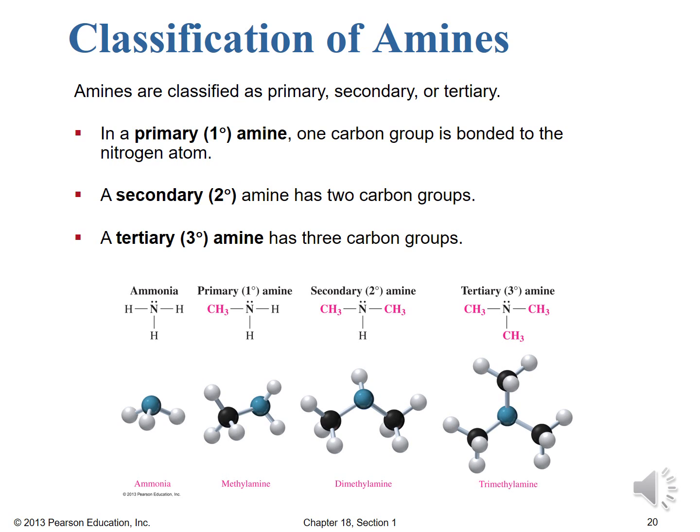Then we see methylamine, which has a nitrogen carbon bond, but only one. The other two remain nitrogen-hydrogen bonds, just as in ammonia. The third structure from the left, dimethylamine, has two NC bonds and one NH bond. That makes it a secondary amine. And then finally, trimethylamine has three NC bonds and therefore is a tertiary amine.